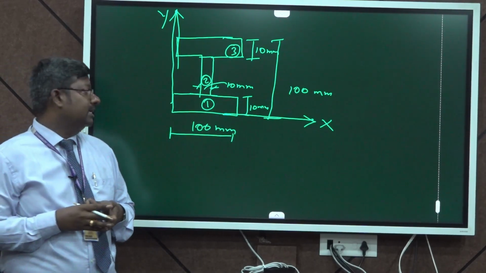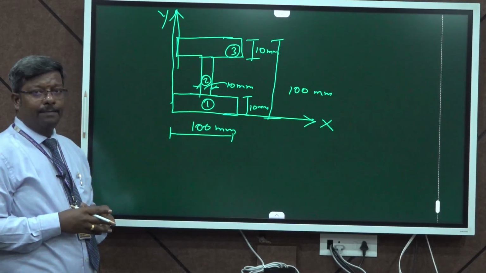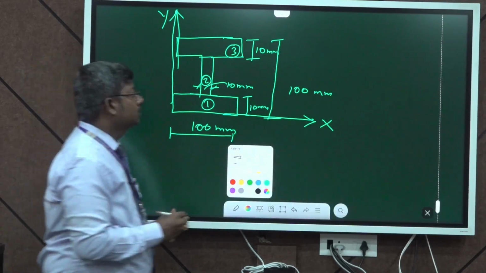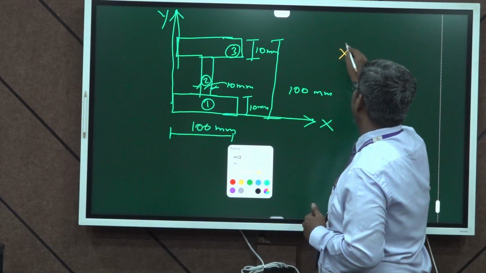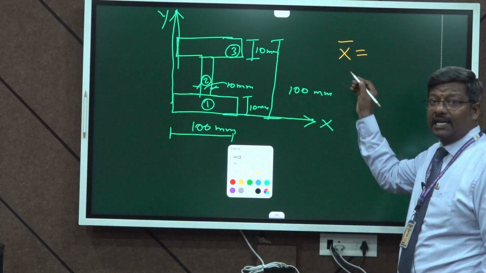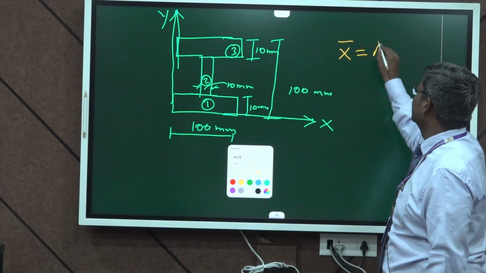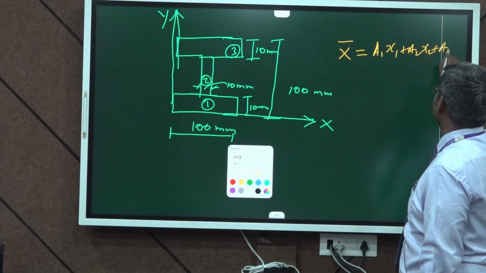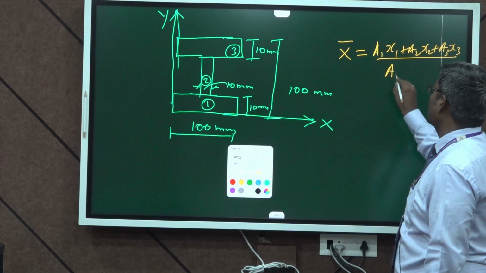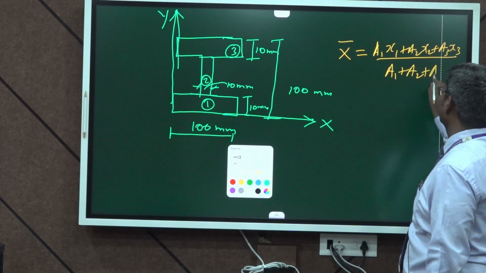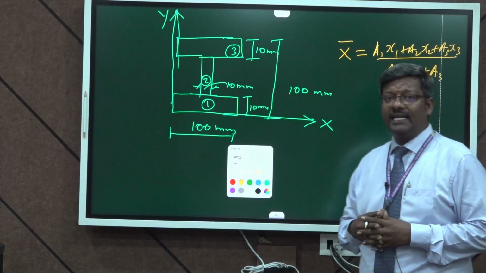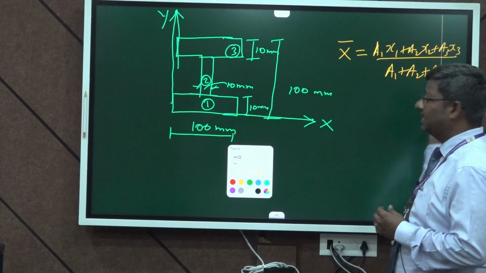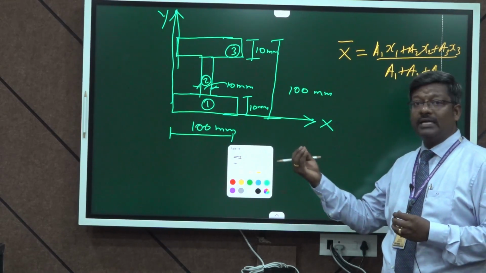Now, I am going to find the center of gravity of each portion, and by substituting the values in the formula, we can find the total center of gravity. The center of gravity about the x axis is x bar equals a1 x1 plus a2 x2 plus a3 x3, whole divided by a1 plus a2 plus a3, where a1, a2, a3 are the areas of each portion, and x1, x2, x3 are the centers of gravity of each portion about the x axis.